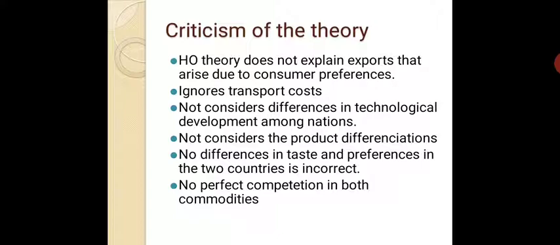Next, it ignores transport cost, does not consider the differences in technological development among nations, and does not consider product differentiation. The assumption of no differences in taste and preferences in the two countries is incorrect, and there is no perfect competition in both commodities. These are all the criticisms of the HO theory.